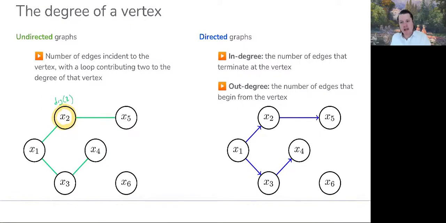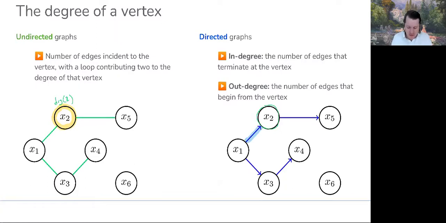Now, in a directed graph, we're going to focus on the directionality of it. We're going to say that the in degree is going to be the number of edges that terminate at a particular vertex. So in the case of x2 here, the in degree, we see one edge terminating there. It's that originating from x1. So x2's in degree would be 1.